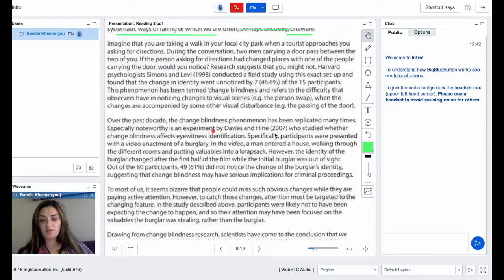Then if you look at the last sentence, out of the 80 participants, many did not notice the change of identity, suggesting that change blindness may have serious implications for criminal proceedings.